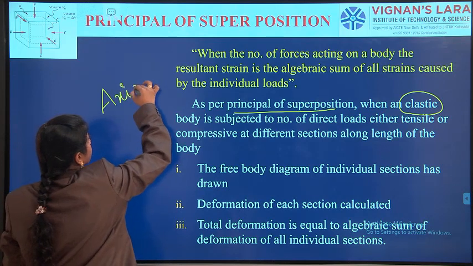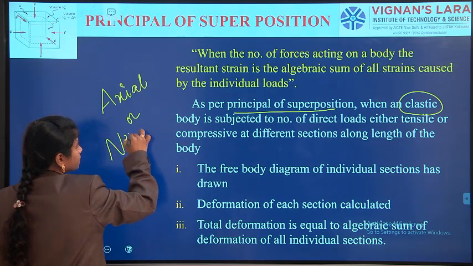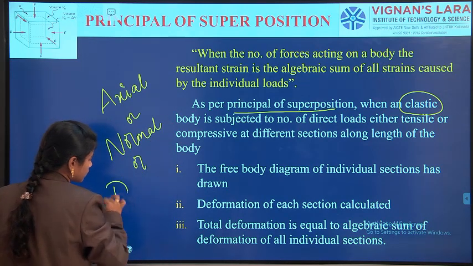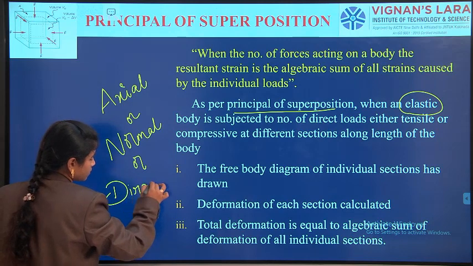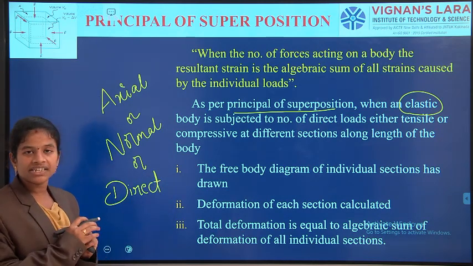These are also called axial loads, normal loads or direct loads, the common names for tension and compression.